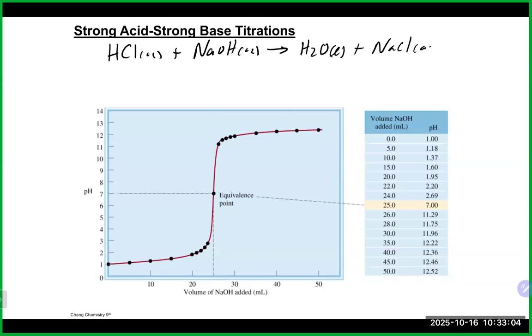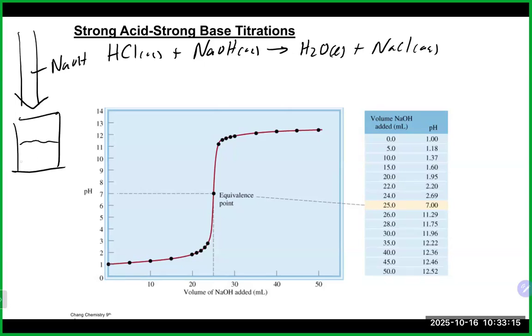So for reference, what is happening is up in the burette in this titration, we have the sodium hydroxide. Down in the beaker, the flask, we have our HCl. So we are adding sodium hydroxide to our acid.